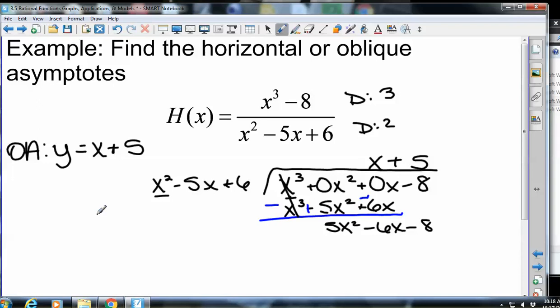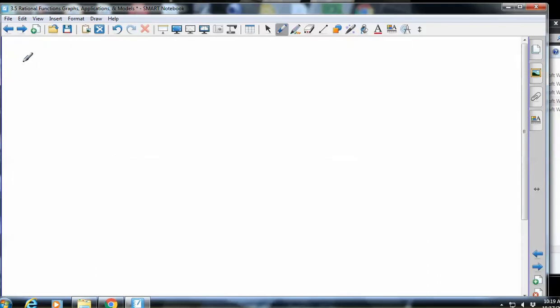Alright, I'm going to put a few up here for you guys. Same direction. Find horizontal or oblique.